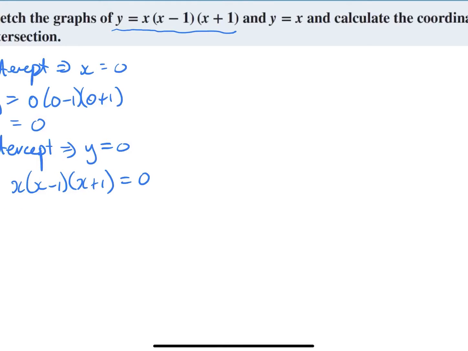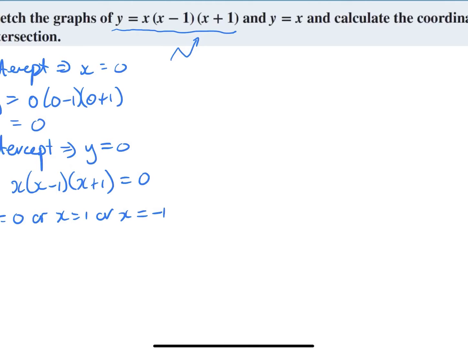Right, so x equals 0, or x equals 1, or x equals negative 1, and it's the null factor law that I apply there. I know that this is a positive cubic function because I've got an x times an x times an x, that's positive x cubed, so I know that the shape of my graph is going to finish in my first quadrant like that.